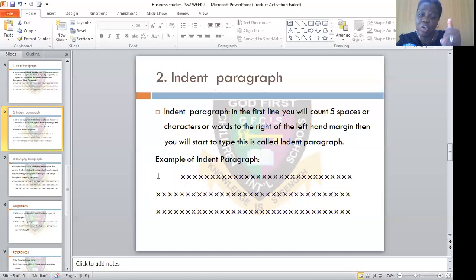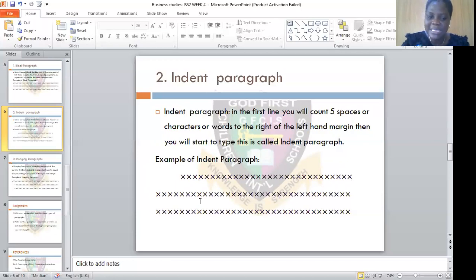After you hit 5 spaces, then you can start typing your letter. That is why we have the spaces like this. You leave some spaces, then you start to type, and you type to the right margin of the notebook.